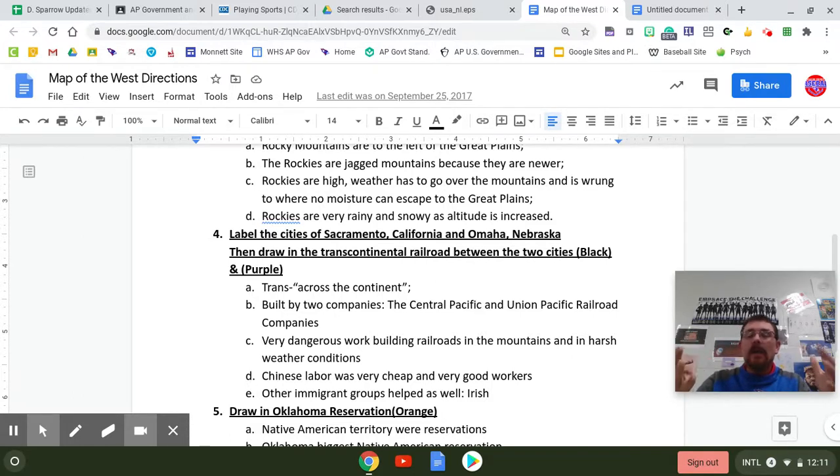Transcontinental, it's that way because it's going to go across the continent. And in all actuality, you're going to have two railroad companies that are going to be building. One is the Central Pacific, and the other is the Union Pacific Railroad. One is going to start in the east, and another is going to start in the west. So very dangerous work. Again, Chinese and Irish are working here.